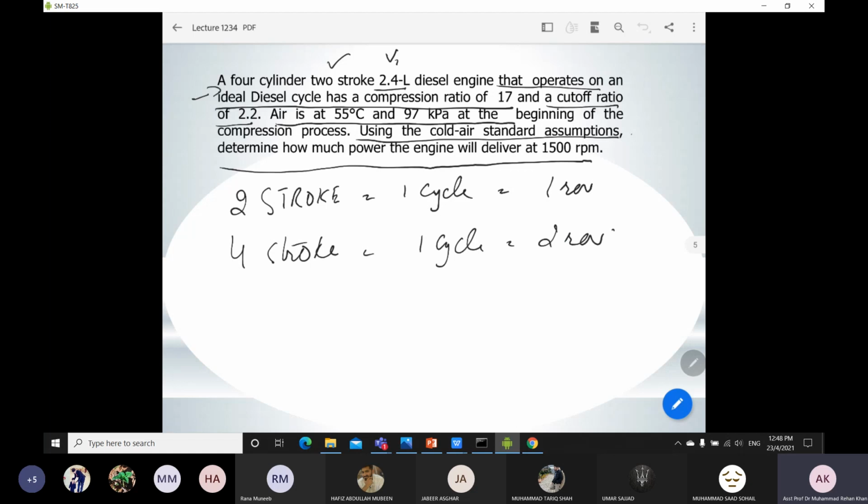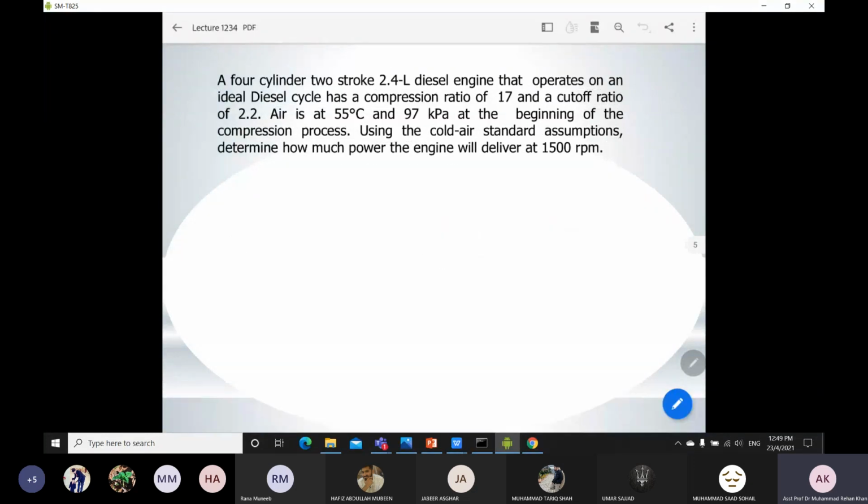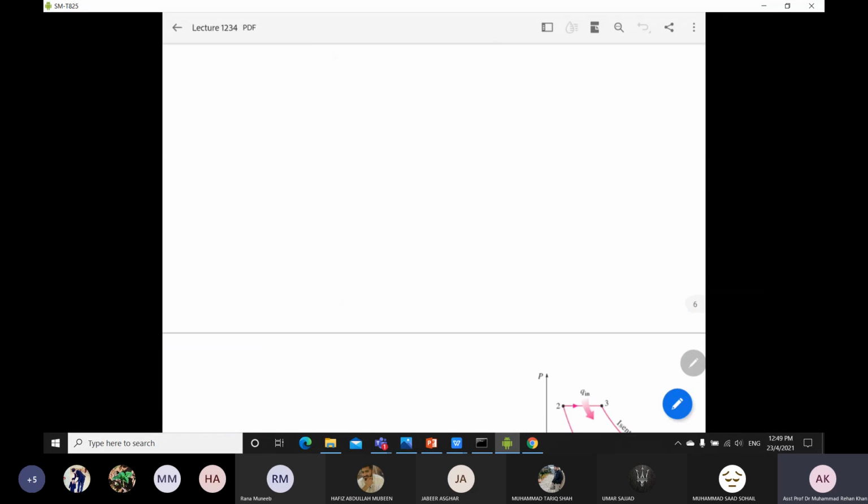So you have to remember how many revolutions in the two-stroke and how many in one cycle for four-stroke, because we have to use this data in the equation in this problem as well, so you should have an understanding of it. Okay, so now starting to solve the question.